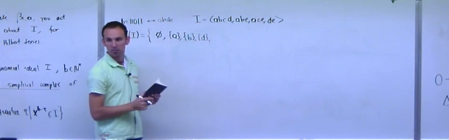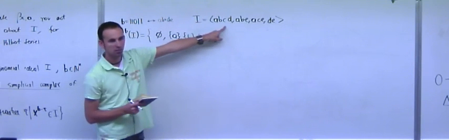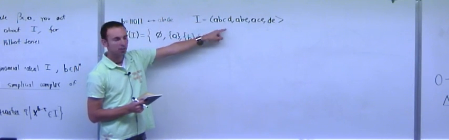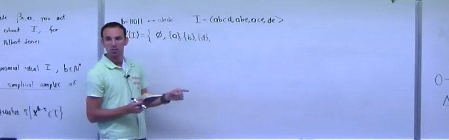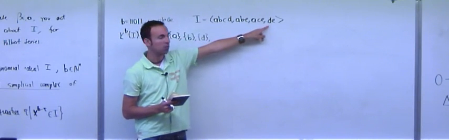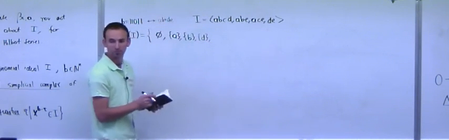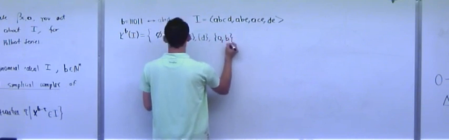What about the pairs? I need to take off two variables so that I land in the ideal. Now, the thing is that I have something of degree 4. So if I take two variables, I'm going to be of degree 2. And there's only one guy of degree 2 here, which is de. So the only possible thing I could do is take out a and b. So this is what my simplicial complex looks like here.